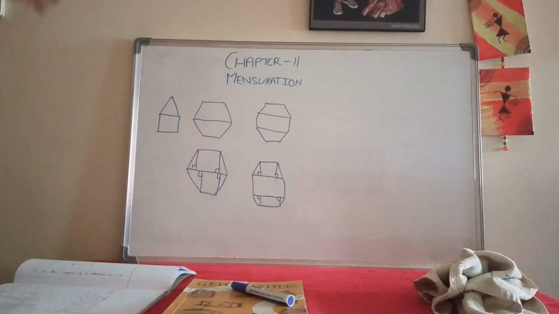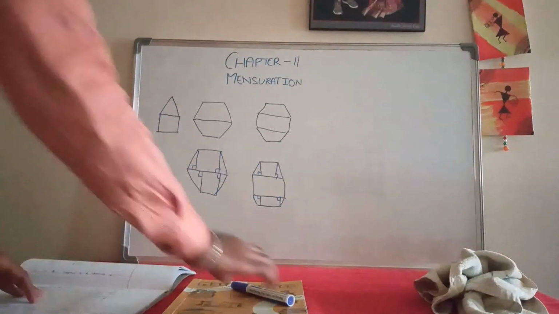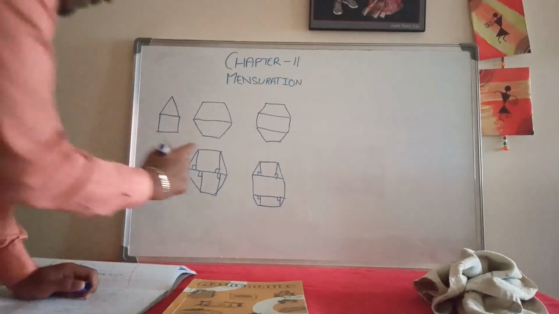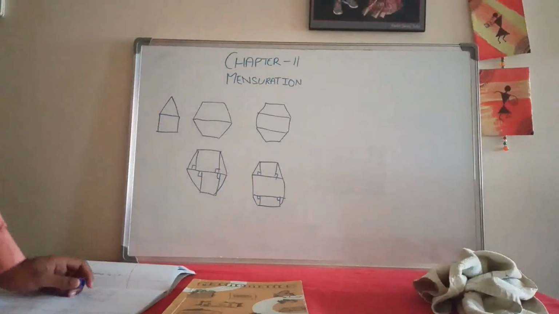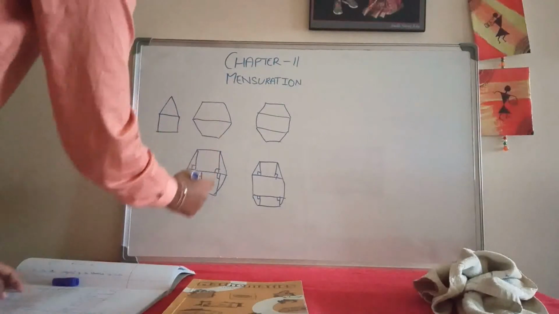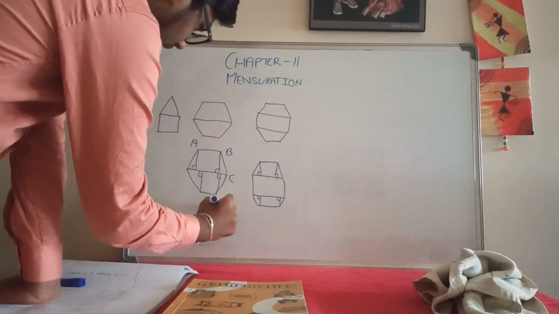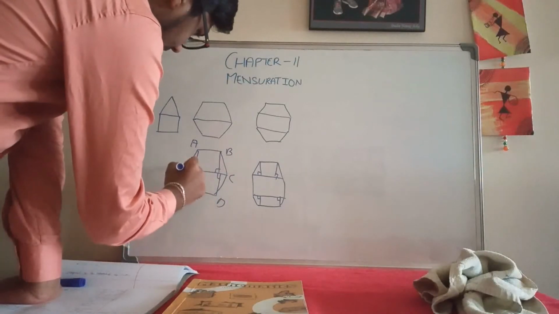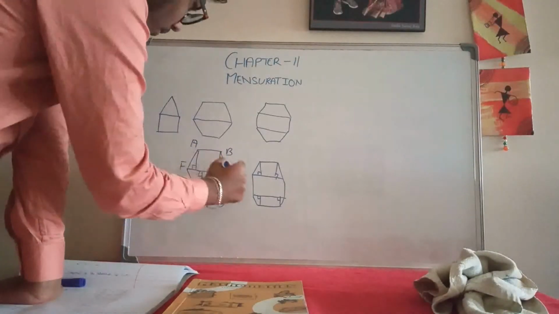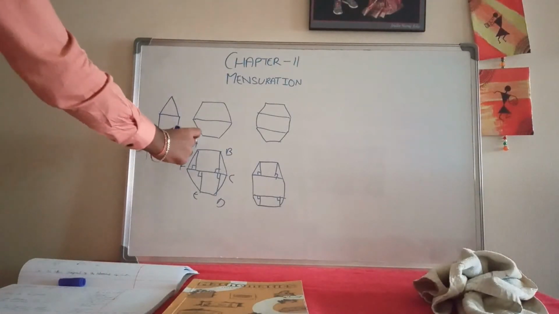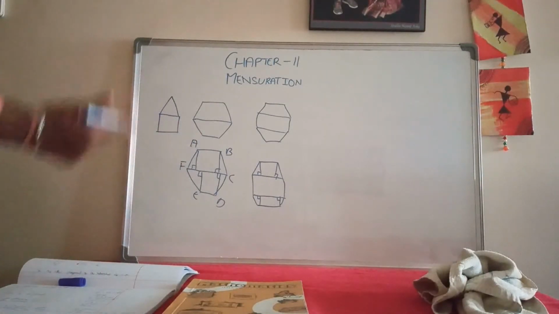As we have seen in the formula for a general quadrilateral, to find the area we take a diagonal and then add the perpendiculars. Now take this to be A, B, C, D, E, F. So we have four perpendiculars, and perpendicular lines are those connecting one side to the diagonal.